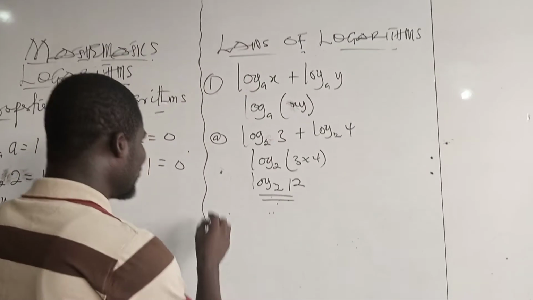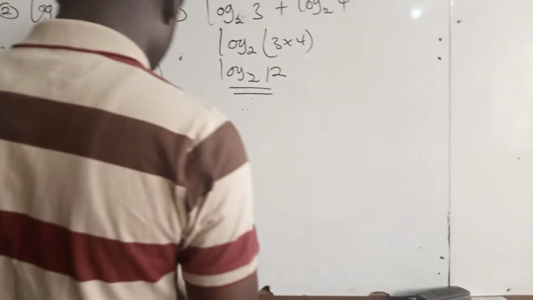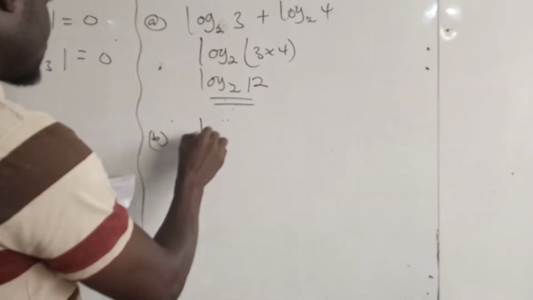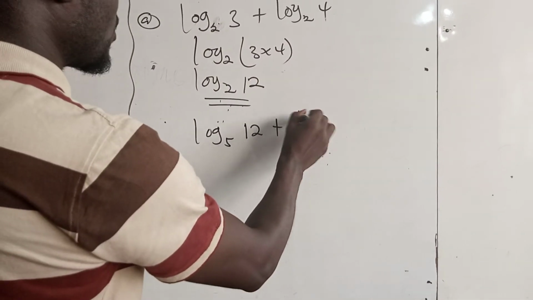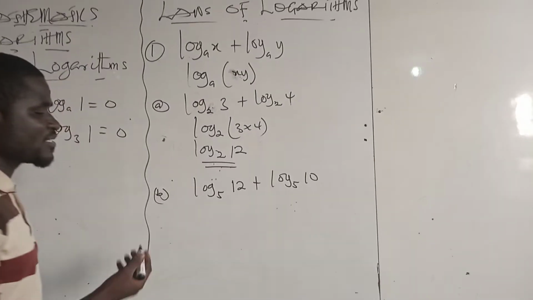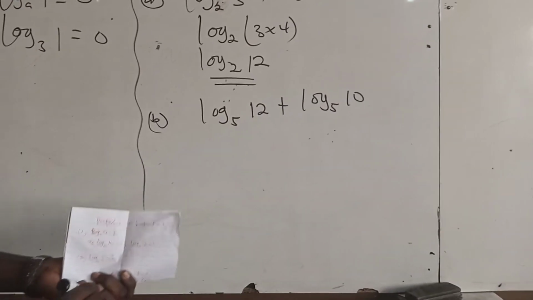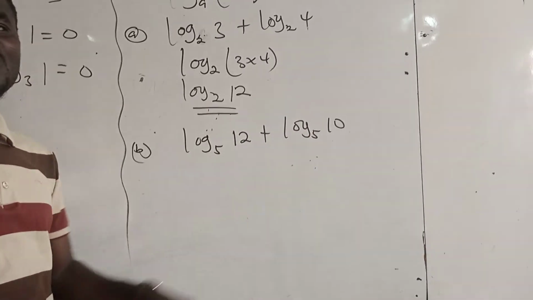Let's go to example 2. We have log 5 12 plus log 5 10. As we did in example 1, the same procedure. 12 times 10 will give us 120.